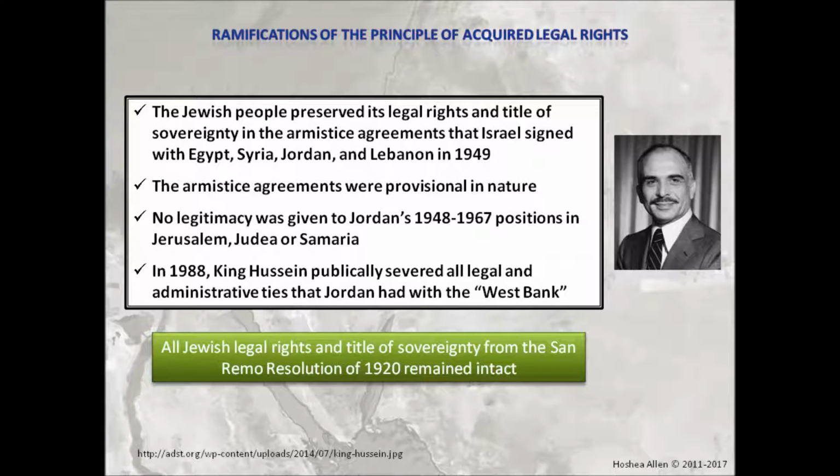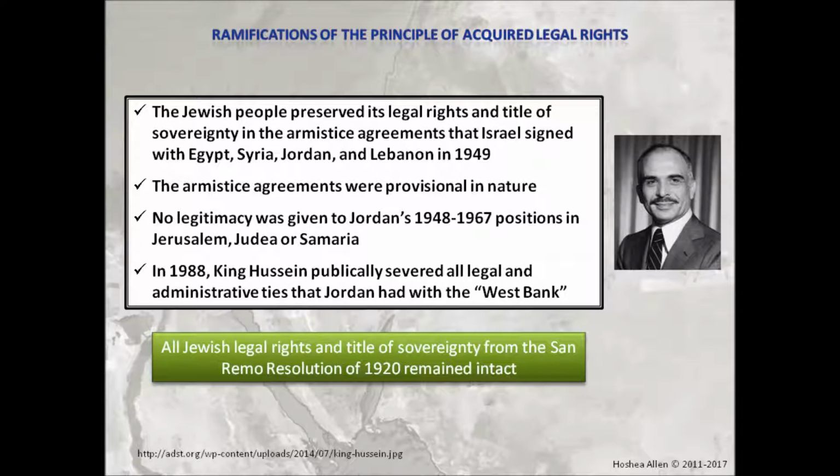And among the international community, nearly every single country in the world, including all of the Arab states, did not even recognize Jordan's 1948 to 1967 illegitimate, illegal occupation of Jerusalem, Judea, or Samaria anyway.